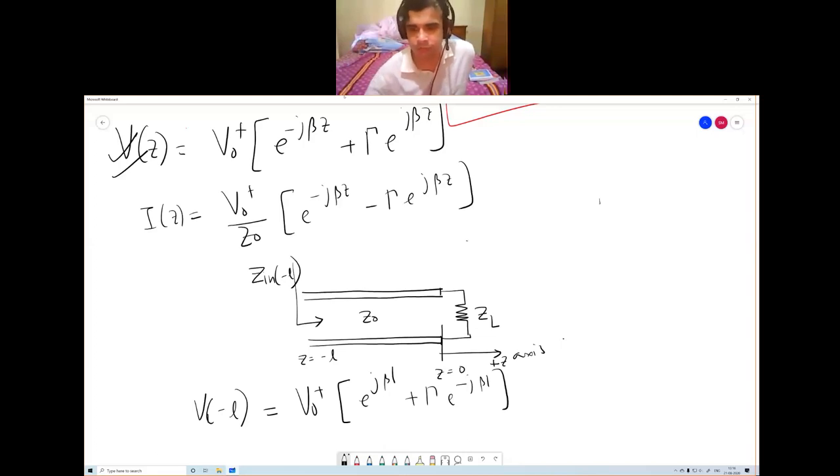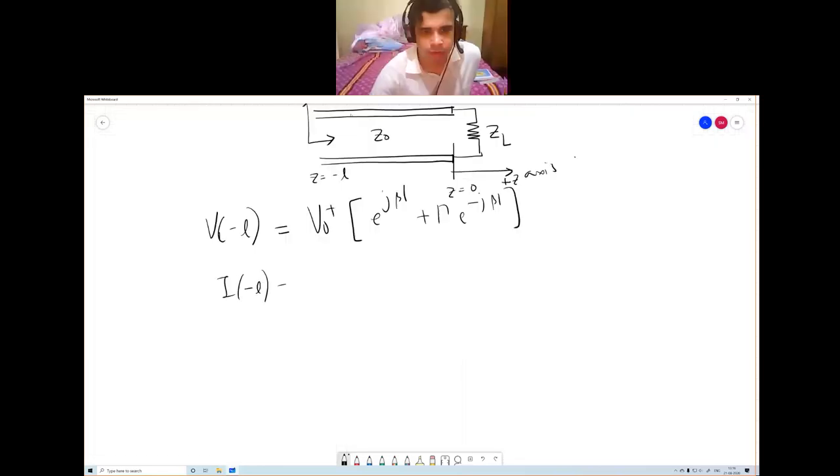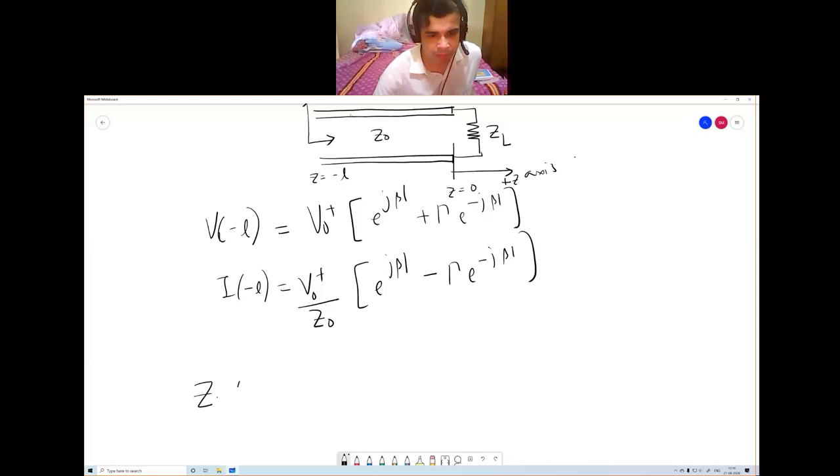Similarly, I of minus L will now be V0 plus over Z0 times e to the power of j beta L minus gamma e to the power of minus j beta L. So can we say that Zin at point minus L is simply V of minus L by I of minus L?